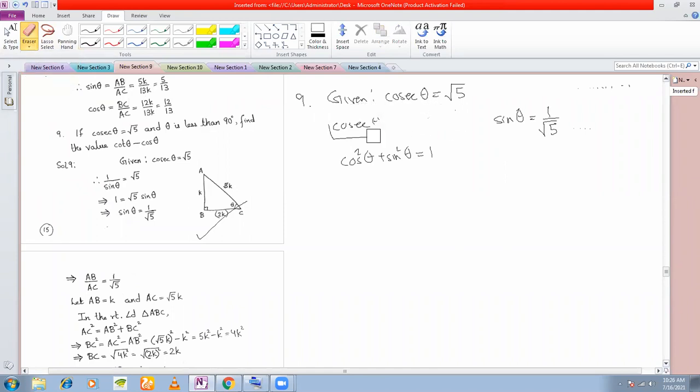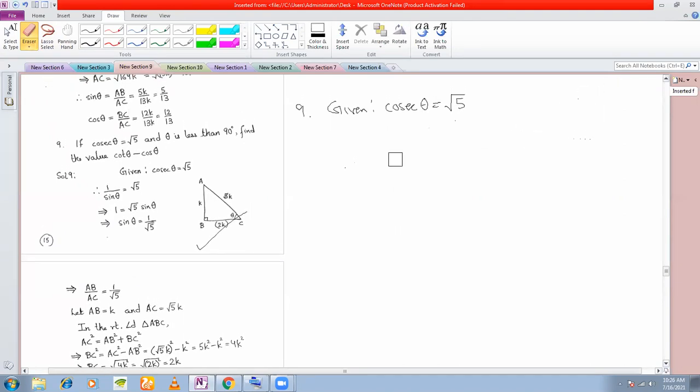This is the second method. So let's do the normal method. Here we draw the right angle triangle first. A, B, C, and we take the right angle at B, so this becomes our hypotenuse.